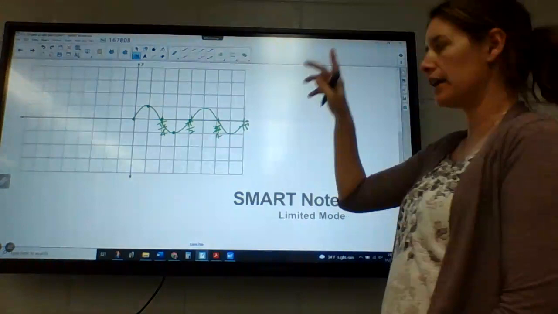So if that's what you decided to do, that's fine, as long as your graph shows that. So by pi, we would have repeated twice. So that works, it's fine. It's not like I'm going to judge you for your graph, as long as your graph still repeats during that course. And that's why I was trying to get out of you guys what your spacing was, because I could have chosen that and you would have been like, what in the world, that doesn't look anything like mine.